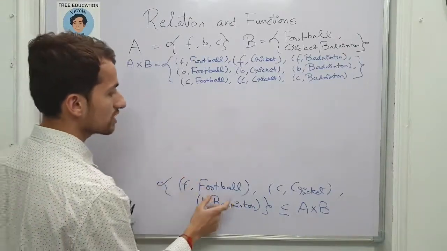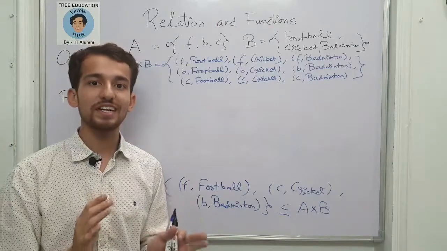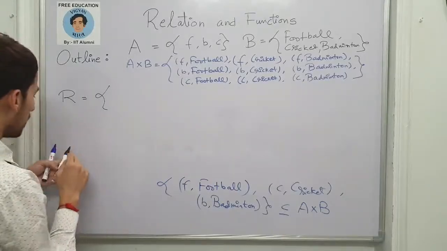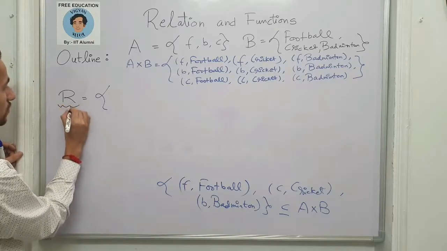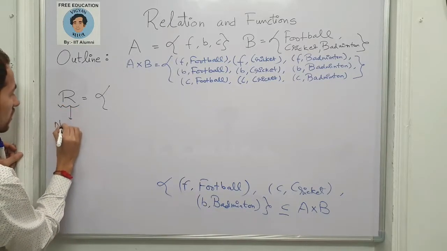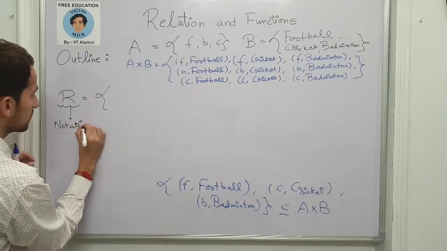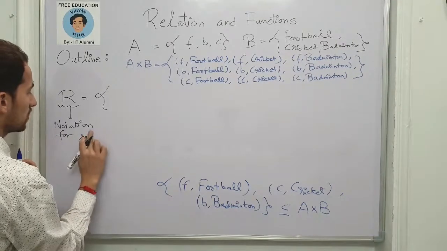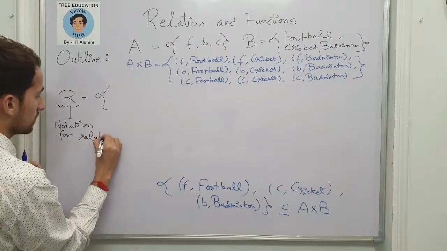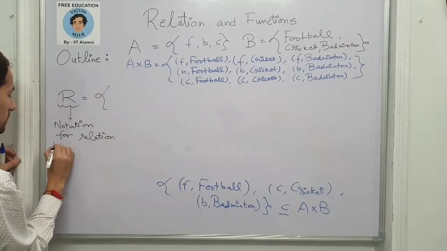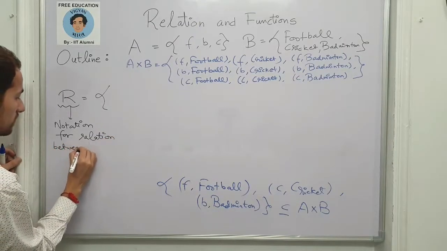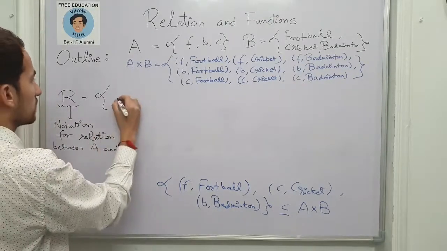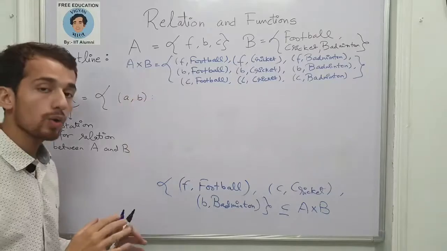Now how we have chosen, basically I have defined a relation which I will introduce by the notation capital R. This is the notation which I am using to define this relation.